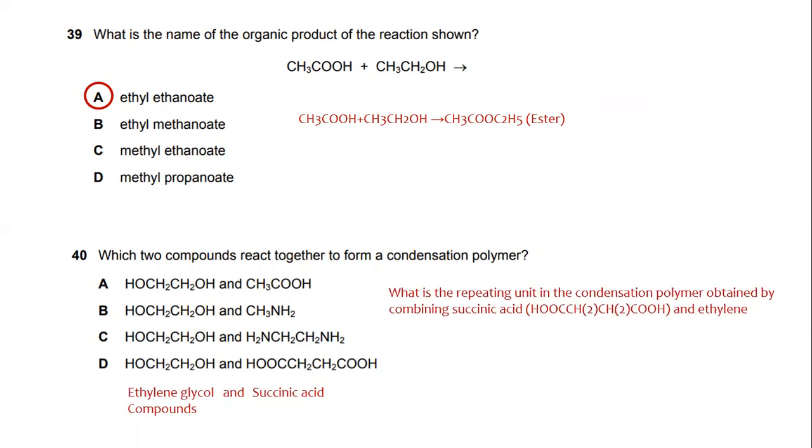We have here ethylene glycol reacting together with succinic acid, then they will form a condensation polymer. What is the repeating unit in the condensation polymer obtained by the combining of succinic acid and ethylene glycol? So the answer for number 40 will be D.